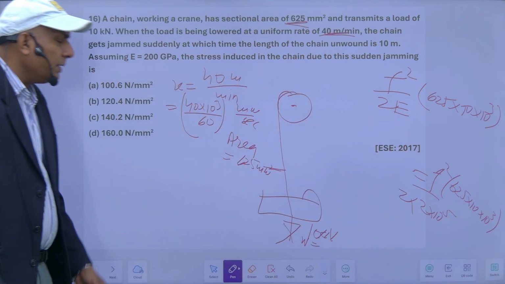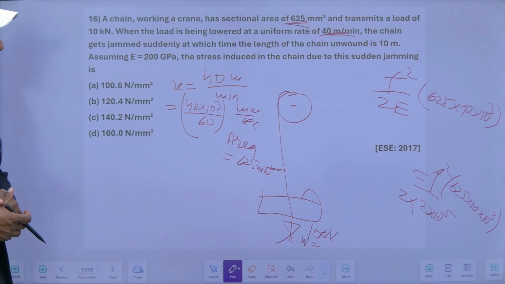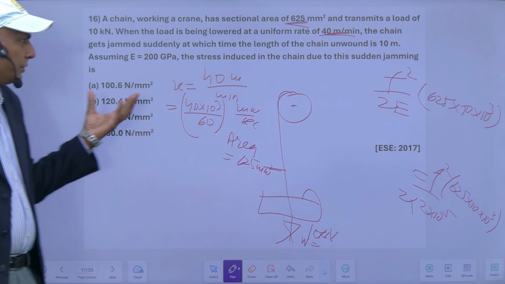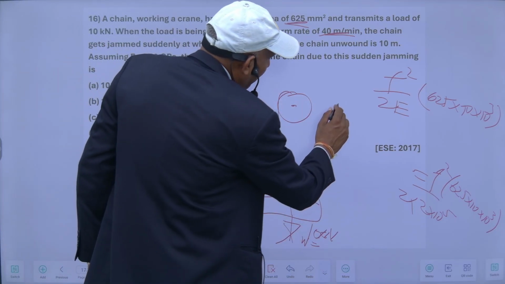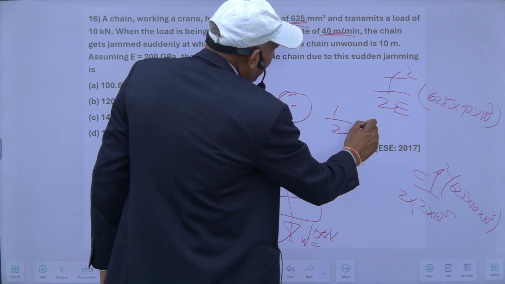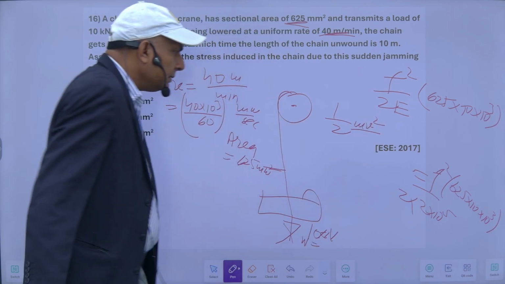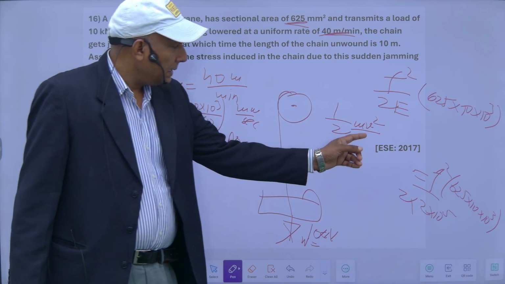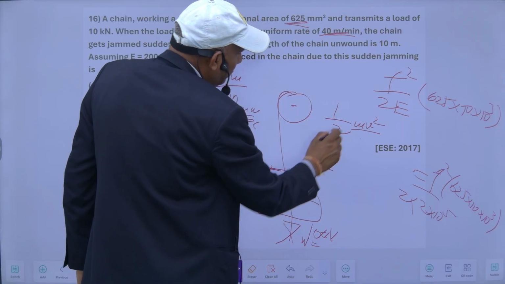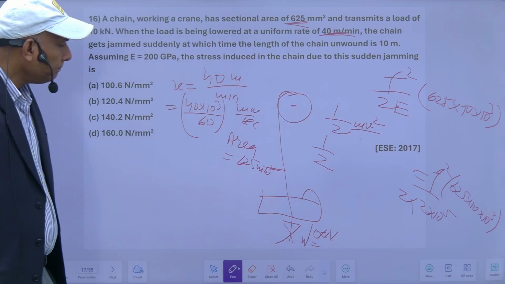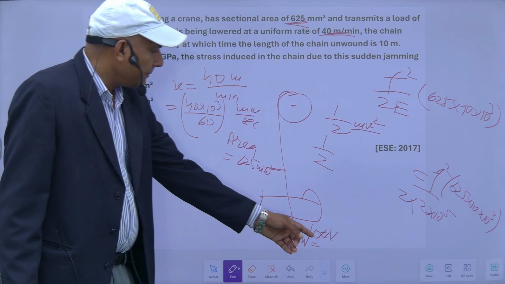Strain energy should be equal to the work done. Work done here is the energy, that is half mv square, where this is the mass and this is the velocity. When I equate both, it will be 1 by 2, and the mass will be its weight.